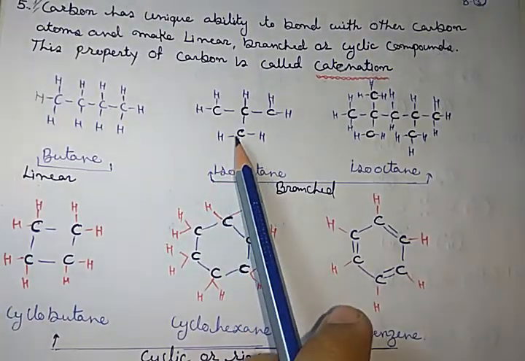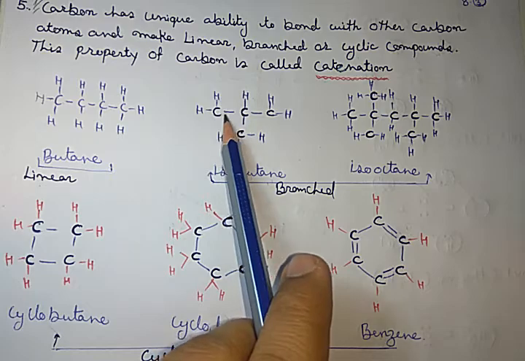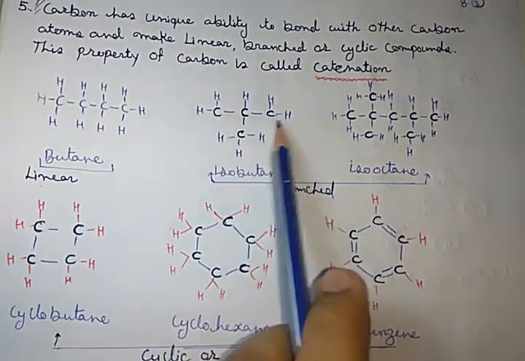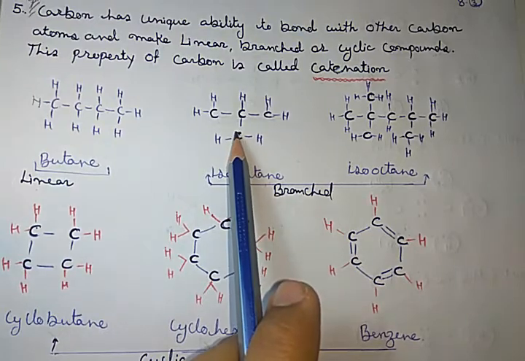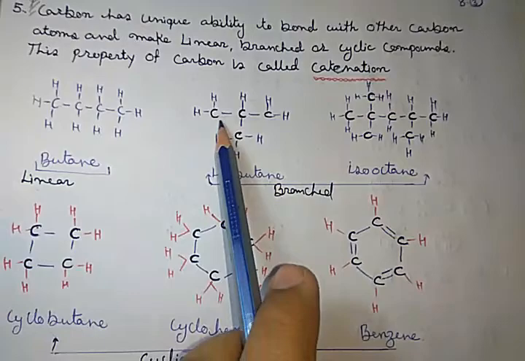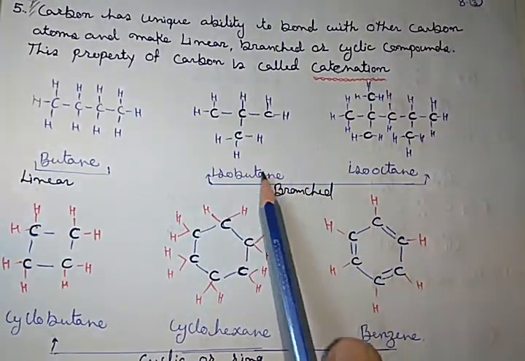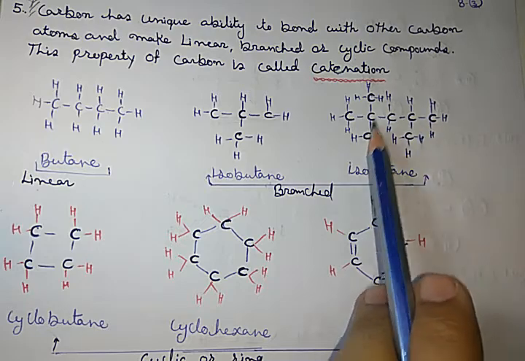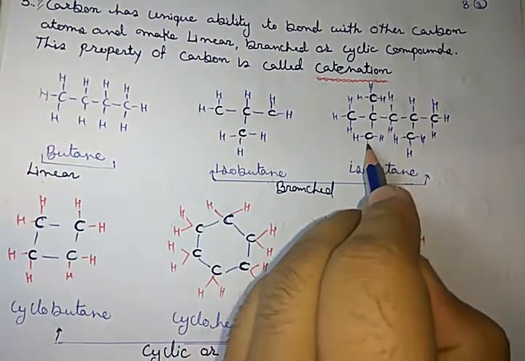Here, that is branched, in which some atoms are arranged in a line and some carbon atoms are as side lines. Similarly this one, that is the line and those are the sides.